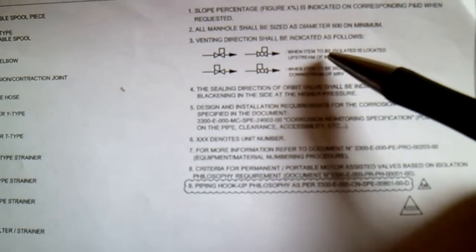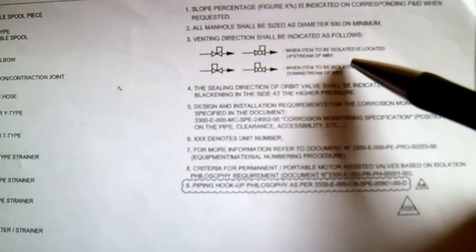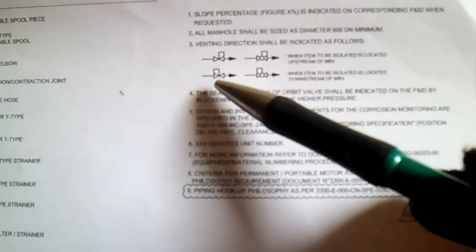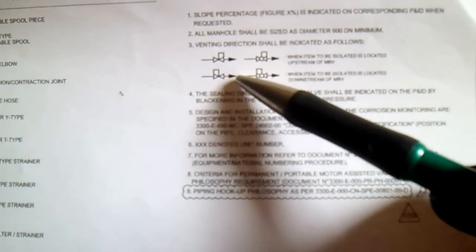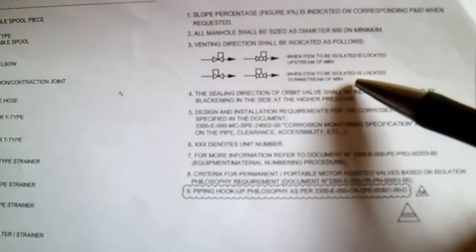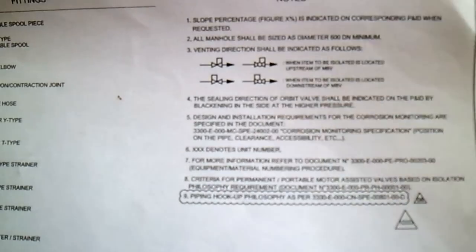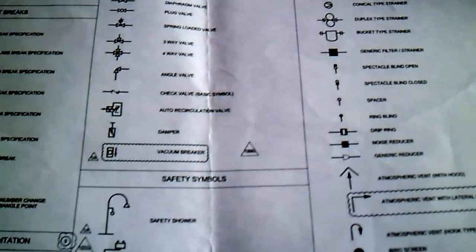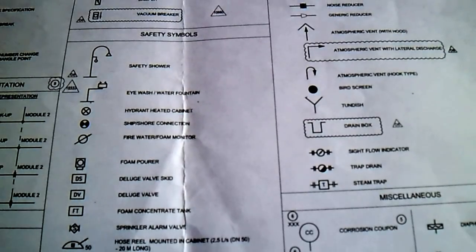This is when the item to be isolated is located upstream of MBB, and this other one is when the item to be isolated is located downstream of MBB. So this is the importance of the legend sheet or general symbols.